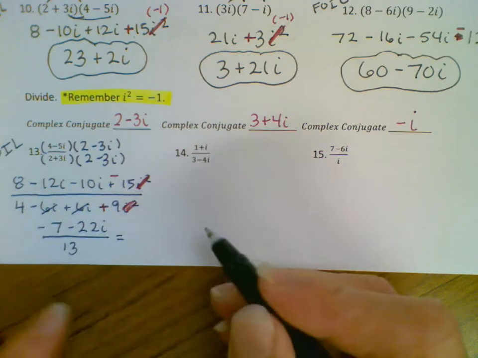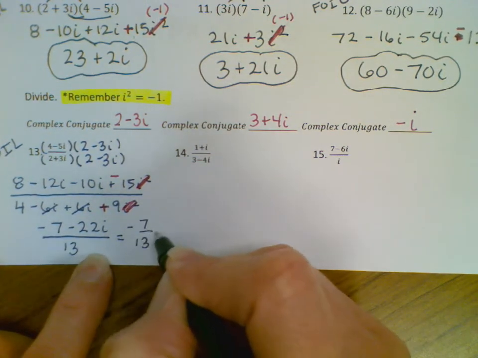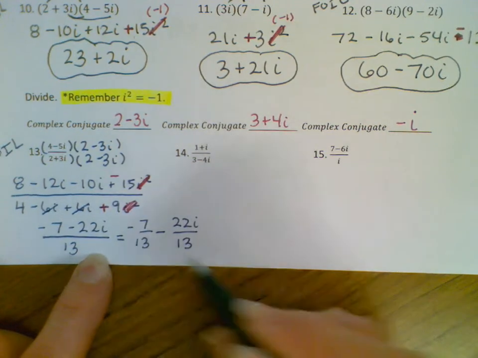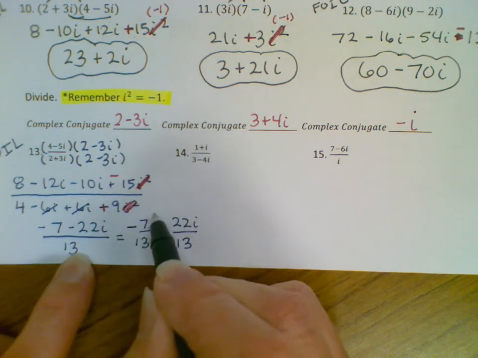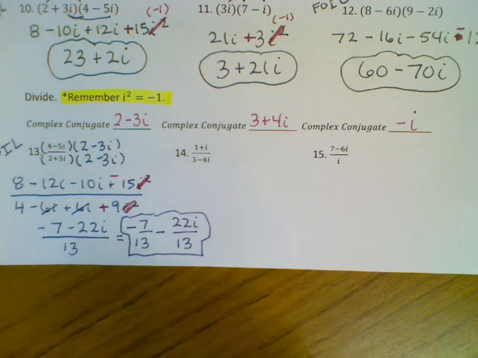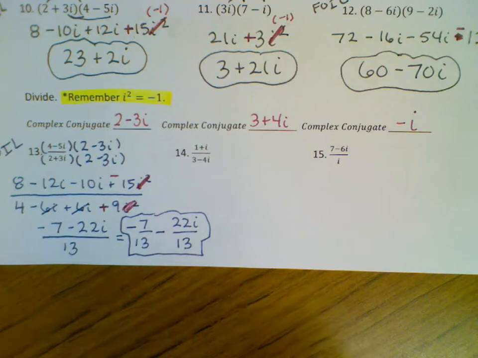Now I am going to break this apart, so I have a real part and an imaginary part. So that's my final answer. So you just got to be careful along the way here so you don't make a little sign error that kind of throws you off. Very easy to do.